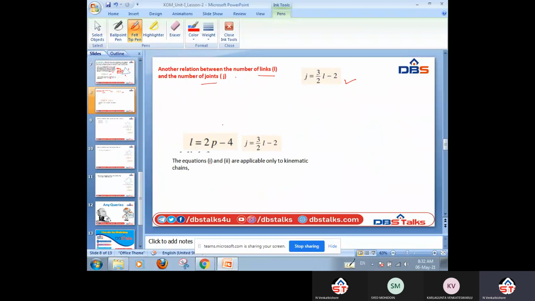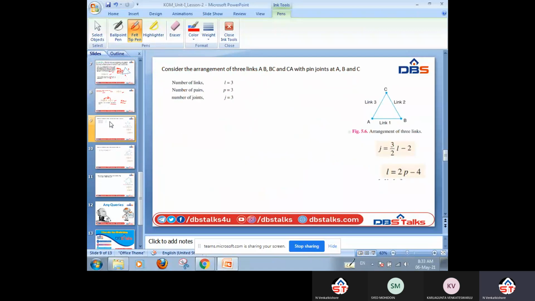If the connection of chain is satisfying both the equations, then only we will call it a kinematic chain or kinematic pair. So these two equations are to be satisfied. So let us consider a problem. For 2 marks, they may ask these types of problems for solving the kinematic pair and the kinematic chains.